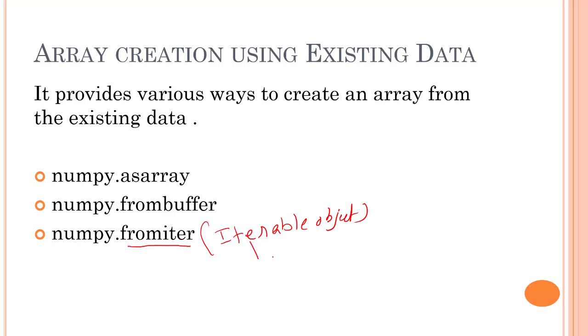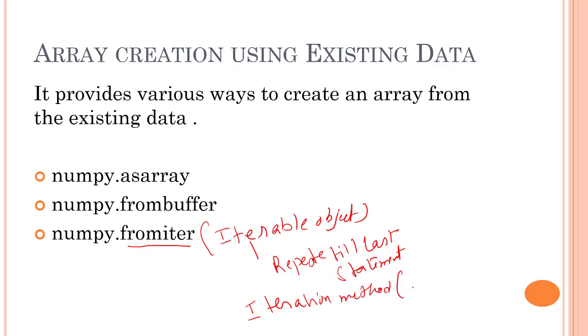Iterable means it repeats, it continues till the last statement. We can call it an iteration method also. You can take the example of a for loop: how a for loop works, it repeats things. So fromiter is also used for that purpose.